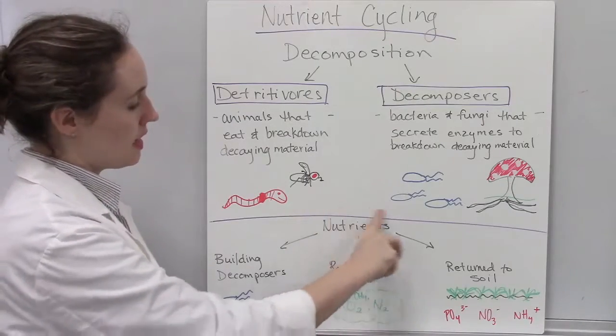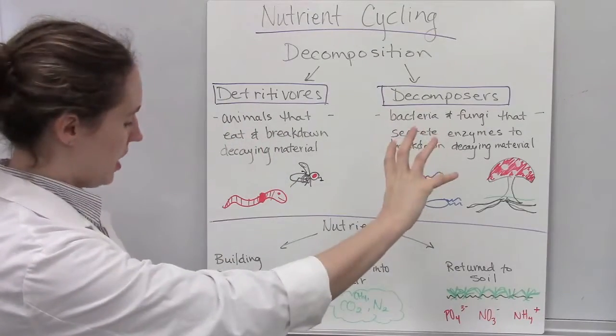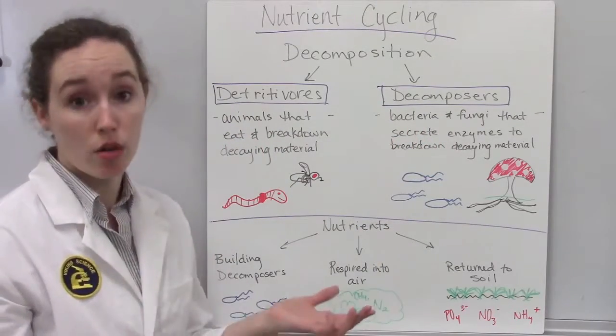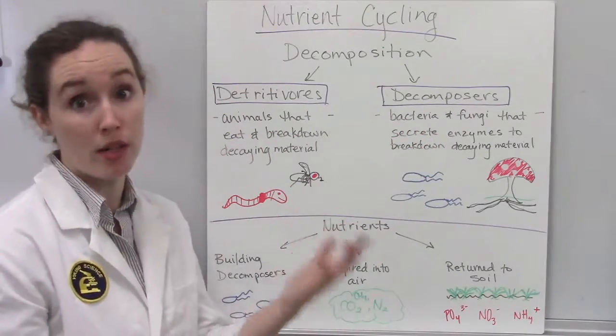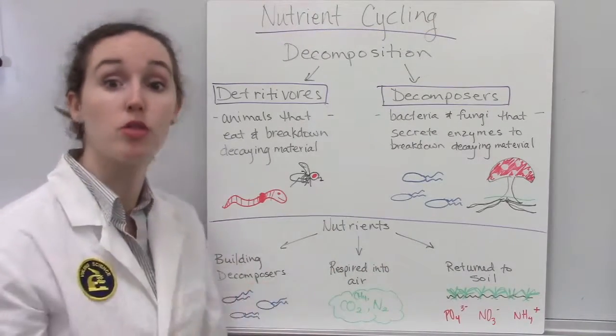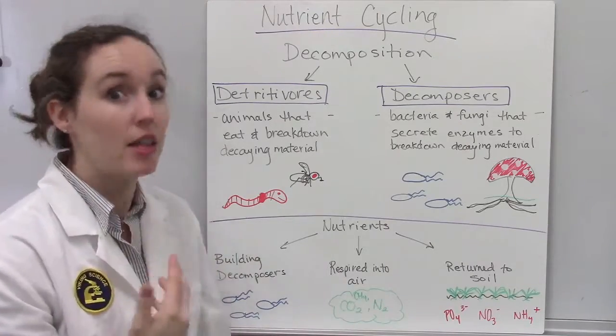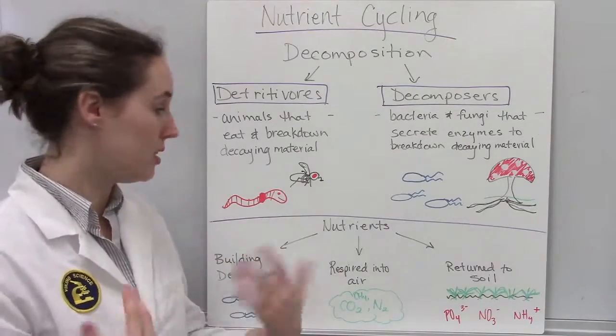Once these nutrients have been broken down and decomposed, they go to 3 possible places. 1, that matter is taken in to actually build new decomposers, just like when you and I eat, a good bit of what we eat is used to build our bodies.